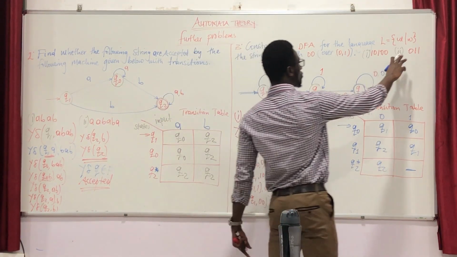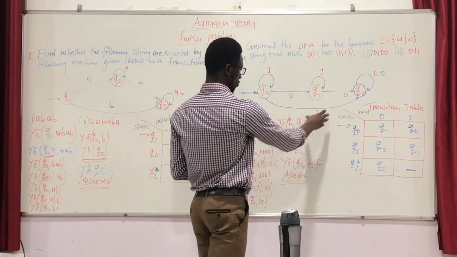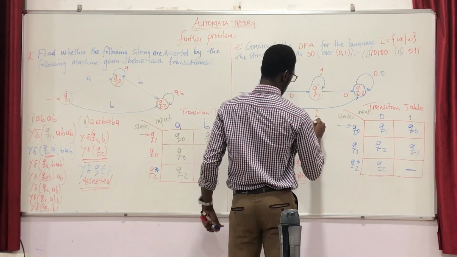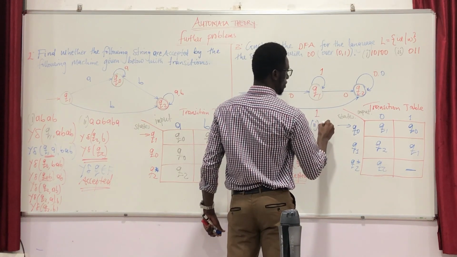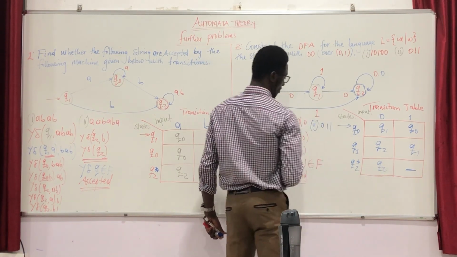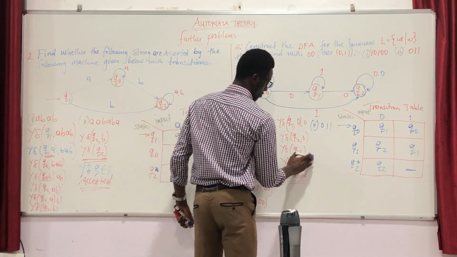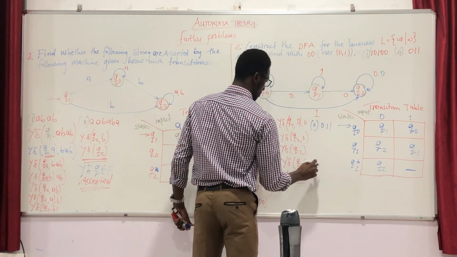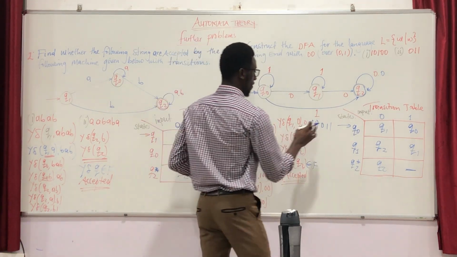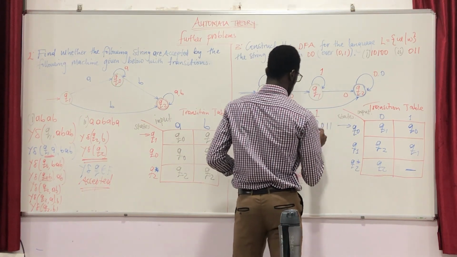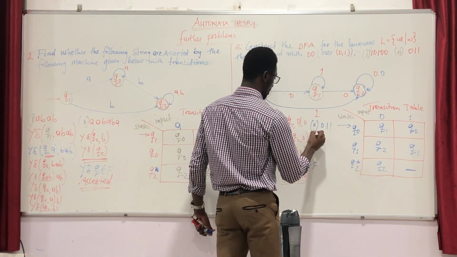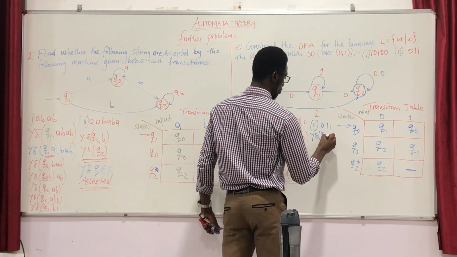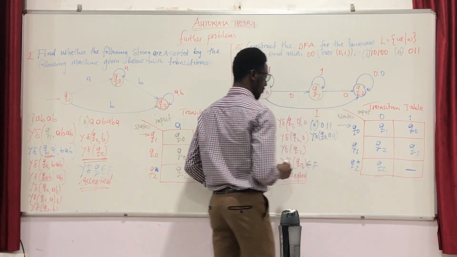So now let's see the one for 011, Roman 2. Let's just use this small space here and see. So again, let's solve this. Q0, comma, 011.